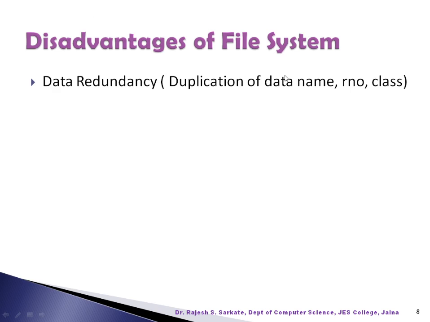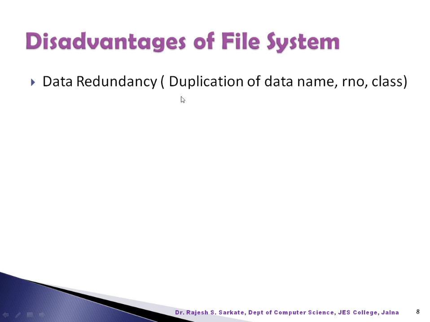The same data is present in different files, and this redundancy, duplication of the same data, creates lots of problems. So just have this word with you. Data redundancy means duplication of data. For example, student name, roll number, class is present in all three files: admission file, attendance file, and library file also.